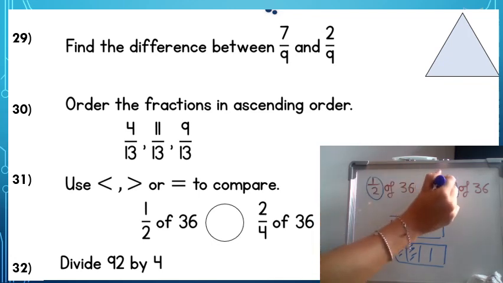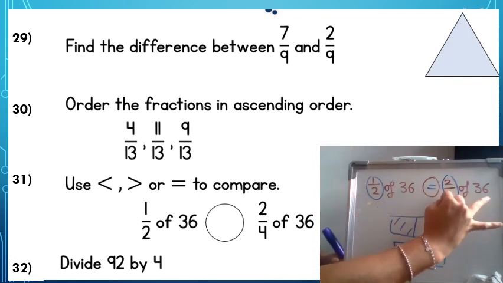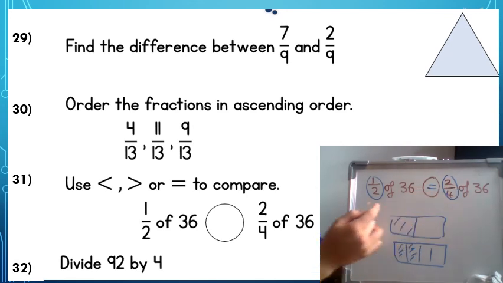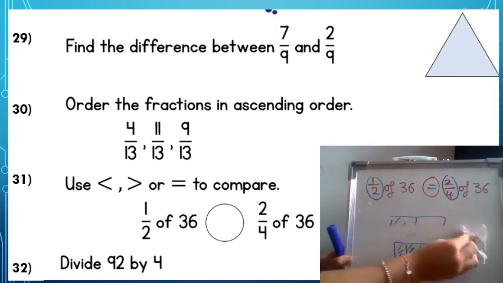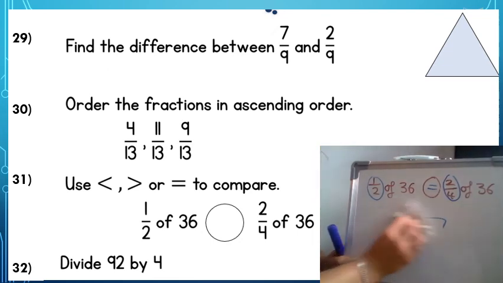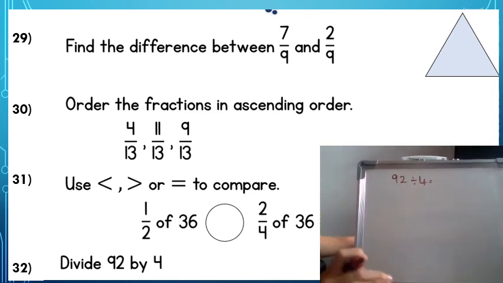So straight away I would have known my answer would be equal to, because I've got the same number that I'm trying to work out, and I know a half is also the same as 2 quarters. You could have, however, worked it out, and if you had, you would have found the answer would have been an equal to sign.